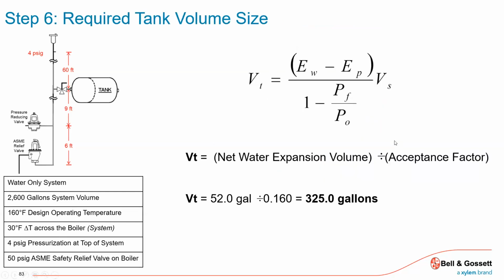Then I take the fill over the maximum operating pressure at the tank, which is 0.16, and divide that into the expanded volume of 52 gallons. I have a total tank volume of 325.